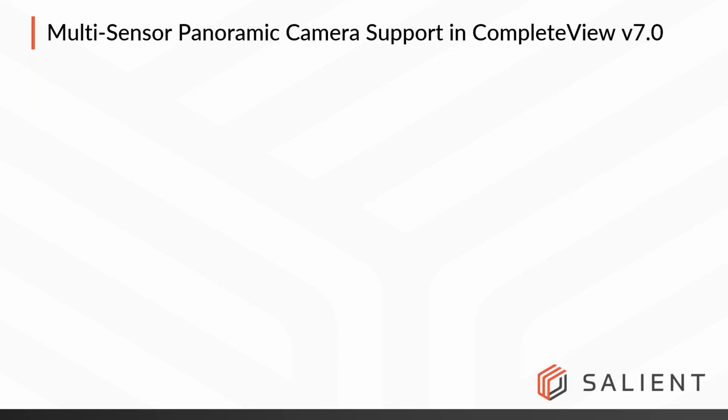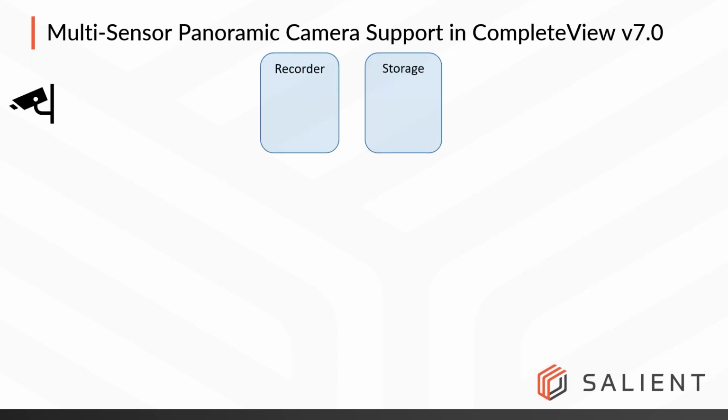And this is because we're one of the few VMS vendors that out of the box leverages not just multi-streaming, but also intelligent dynamic transcoding. We call this dynamic resolution scaling. Now, one of the things with these multi-sensor panoramic cameras is they generate incredibly high bitrate streams. And the image they create is often 20, 30 megapixels, sometimes even more.